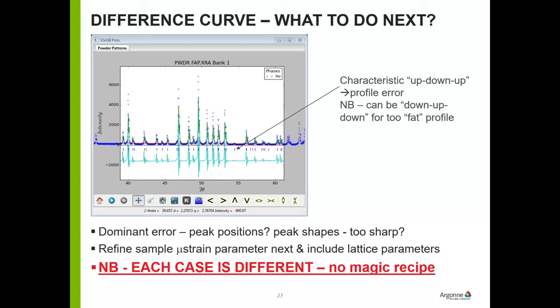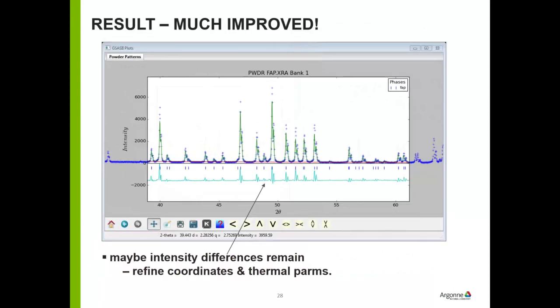Then you throw in the lattice parameters to get the peak positions right. And the most important thing is this: every sample is different. You never know what you're going to face until you actually start doing it. There's no recipe, except look at the peak shape, look at the difference curve. Okay, so you put that in, and it immediately improved. And all that's left is intensity errors.